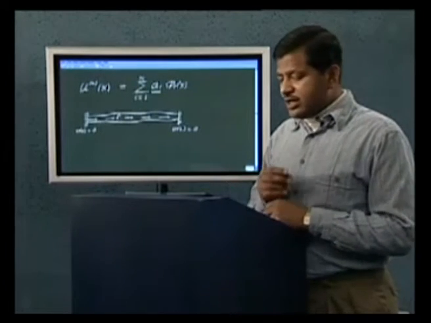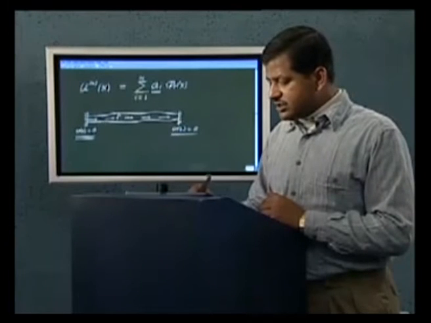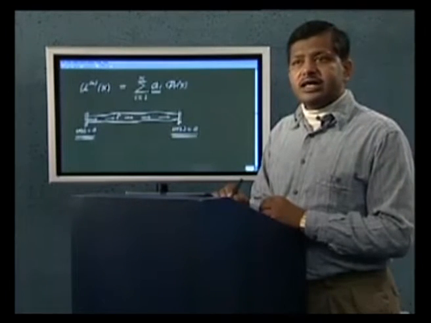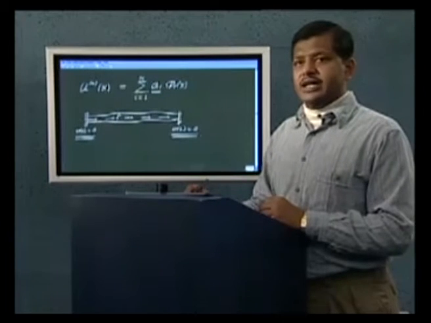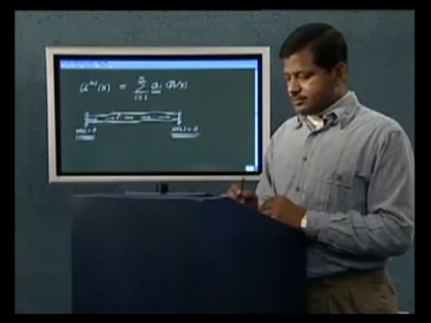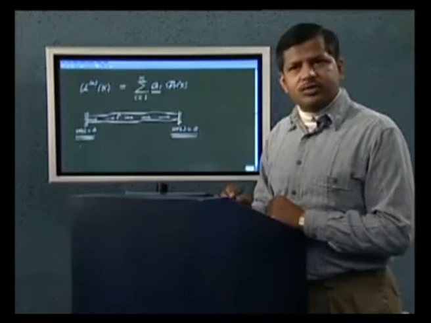You see that in the earlier case it was very easy to enforce the geometric condition at the point x equal to 0. Now we have to enforce the geometric conditions both at the points x equal to 0 and x equal to L. So how are we going to do this job?